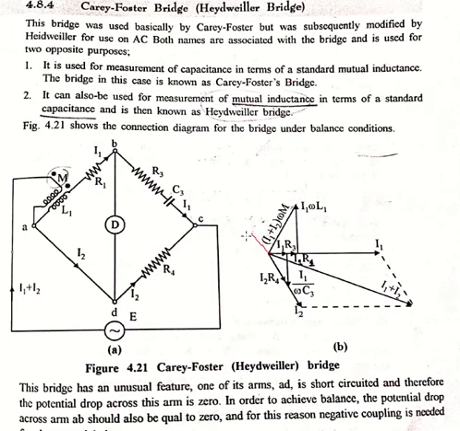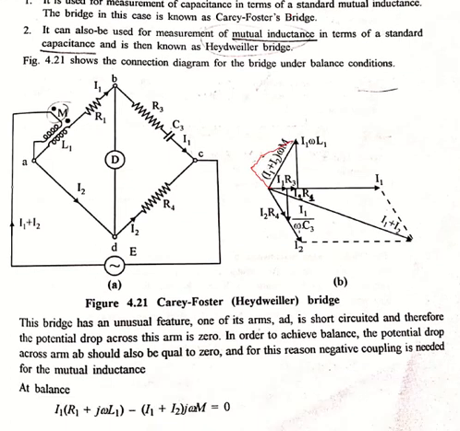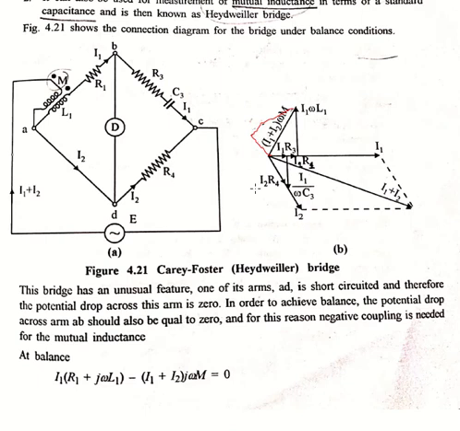So the resultant of this vector and this vector will give us our equivalent voltage from this part. Now, not considering that, we will just take this as the vector diagram and focus on this I1 plus I2.